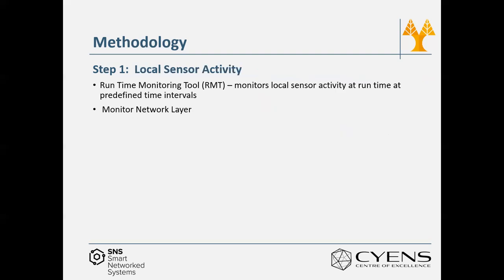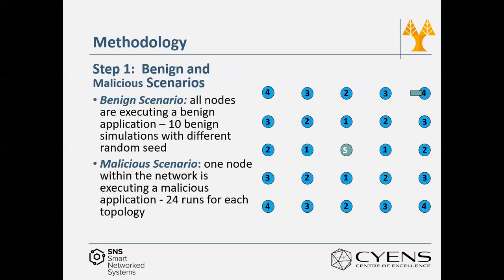To collect the network activity needed to define and evaluate the detection capability, we made use of RMT, a runtime monitoring tool, which is part of MITS. It monitors local node routing information. During the offline training stage, RMT provides routing layer data to define normal behavior.